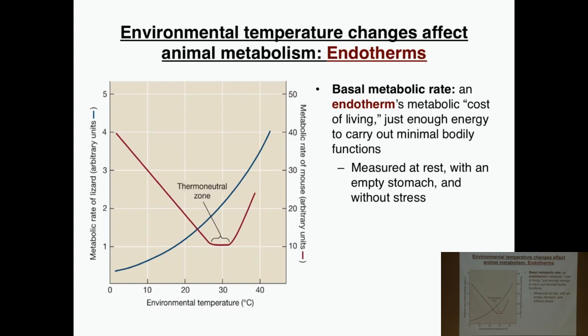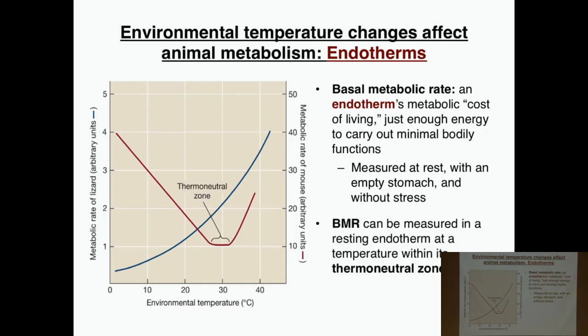So the animal's not going to be moving around, it's not going to be stressed, it's not at any kind of extreme temperature. And so this basal metabolic rate is measured in a resting endotherm at a temperature within what we call its thermoneutral zone. So it's going to be this range here, where it doesn't need to use metabolic energy in order to maintain its temperature set point.